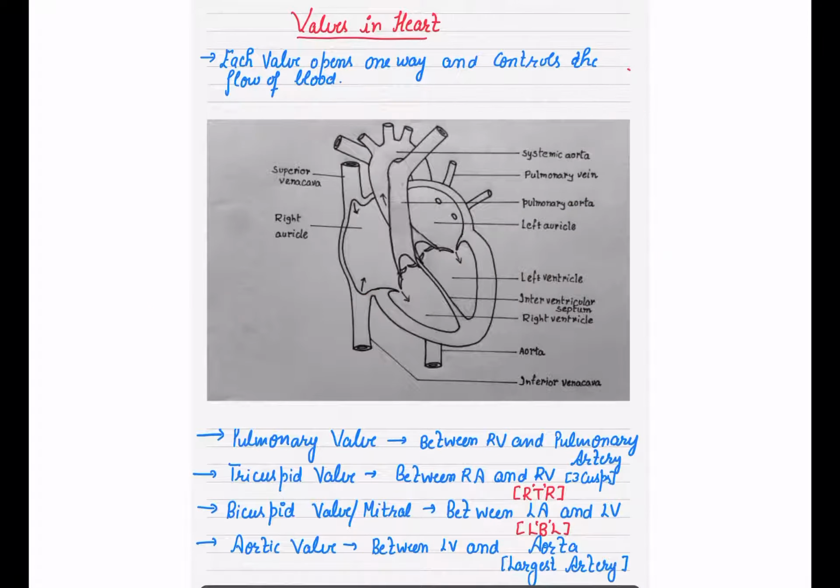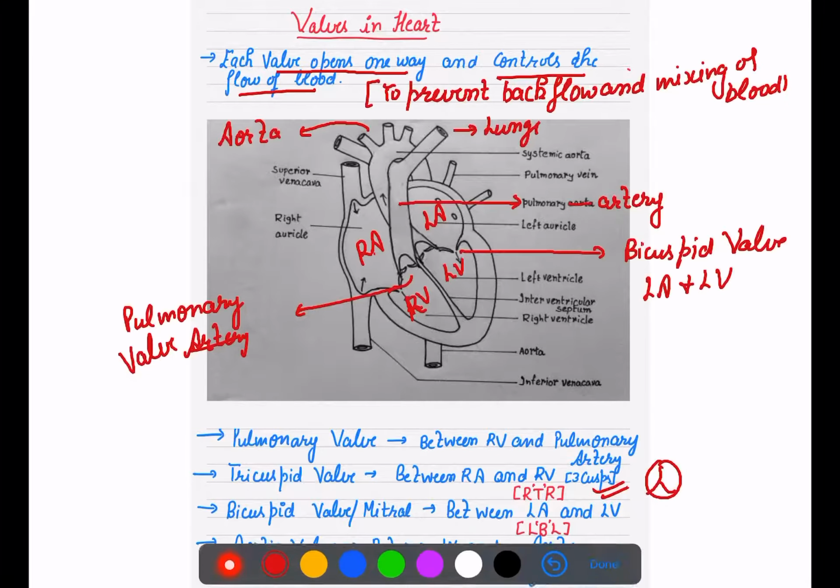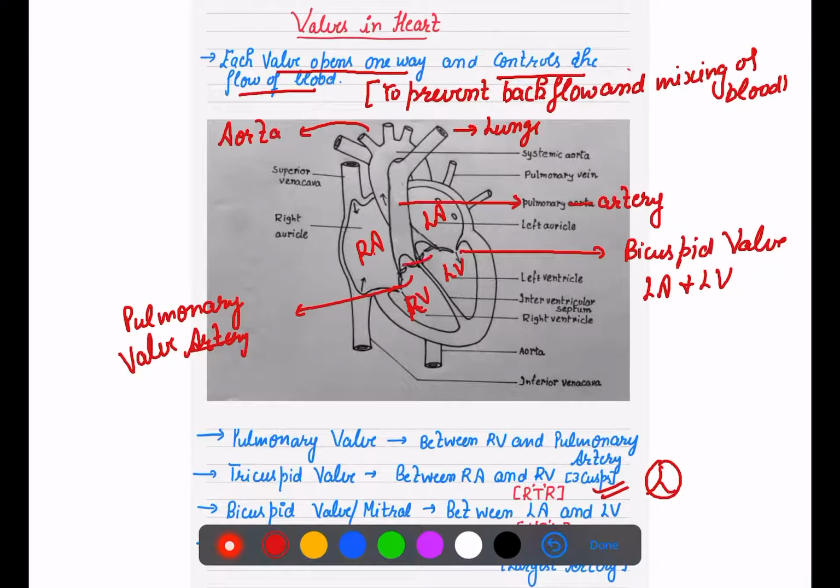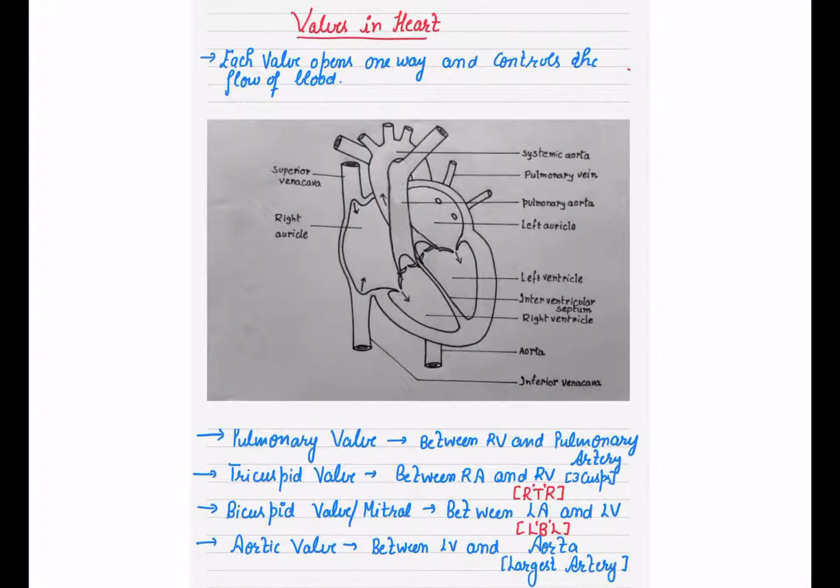So three valves. Then there is another valve, the fourth valve, this one. This is known as the aortic valve. ये कहाँ जाएगा ना? The aorta supplies blood to the whole body. So this is the aortic valve, and it is present between the left ventricle and your aorta. So four valves you need to know.